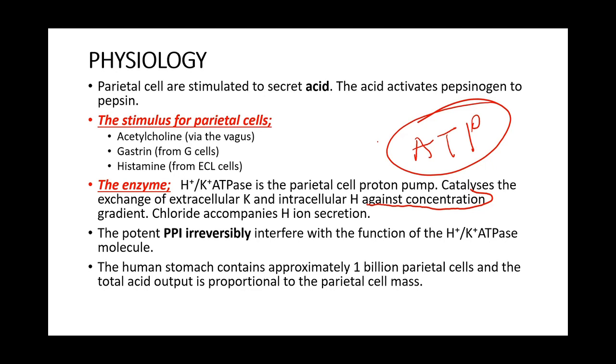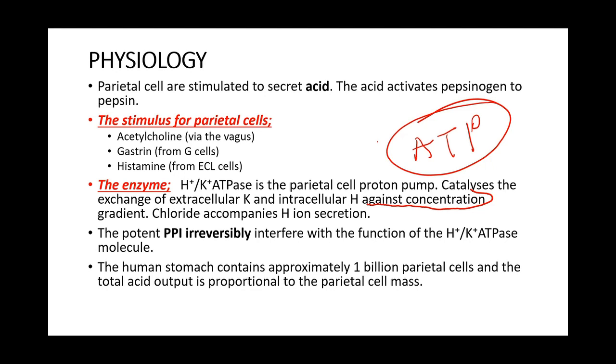And how are they activated? It is when there is stimulation of acid secretion, like during feeding or in an empty stomach.